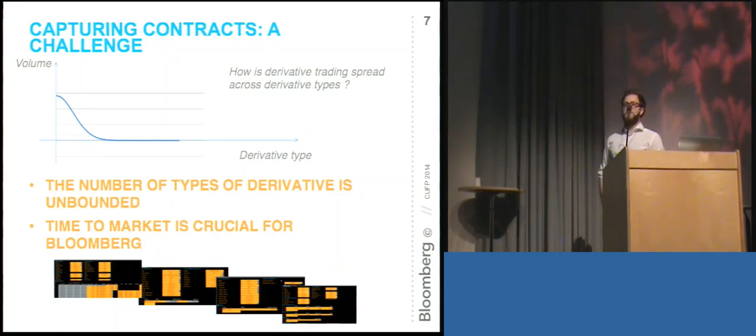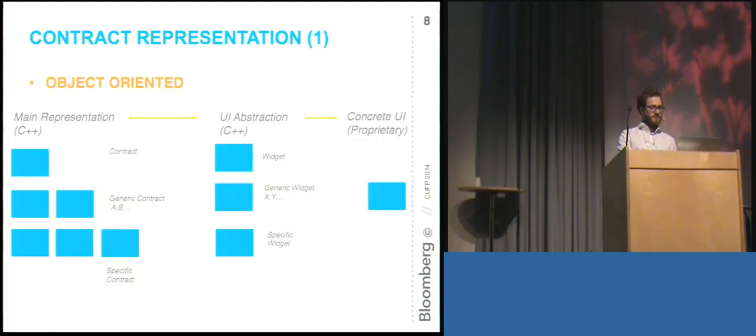And so the time to market is crucial. And also the problem is it never ends. Even though there are a lot of similar contracts, at the end of the curve, there are always new ones. Every day you're chasing after the traders' imagination, right? You have to keep track of it. So time to market, extremely crucial.